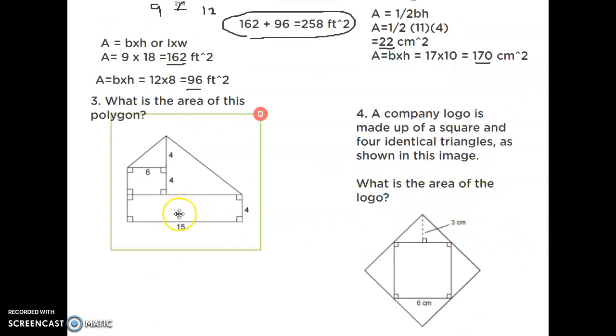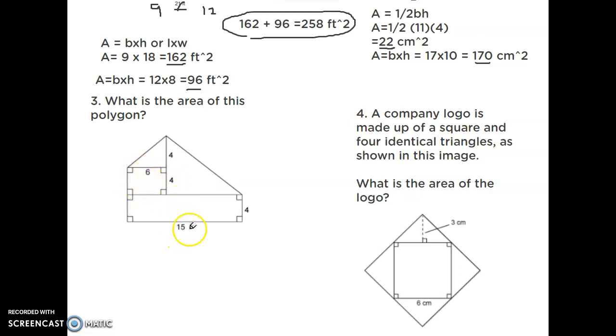What is the area of this polygon? For this, we have 2 triangles and it looks like 2 rectangles. We've got to figure out these dimensions first. We know the base and the height of this triangle is 6 and 4. We know the length and width of this is 6 and 4.